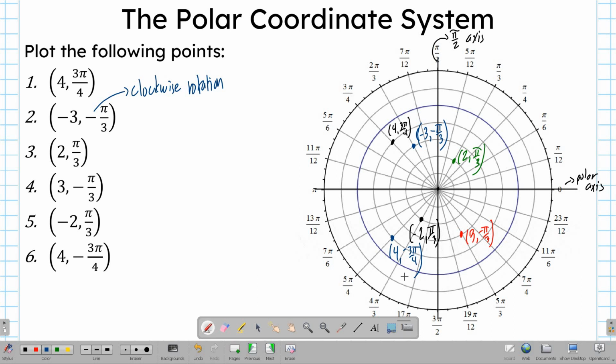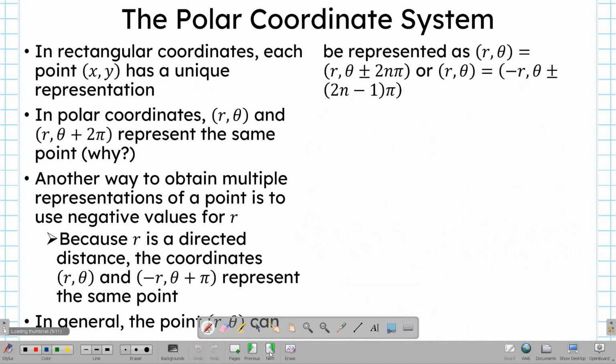The thing is, as you might have noticed, because of that system, there can be other ways, other coordinates that can be assigned for that specific point. Unlike rectangular coordinates, where (x, y) is unique for every point, (r, θ) and (r, θ + 2π) are actually the same.